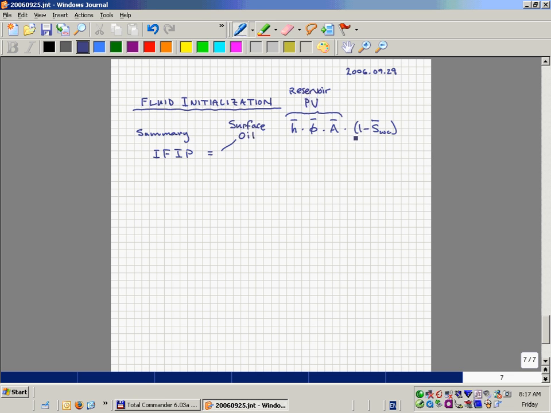And the entire term, including the 1 minus water saturation, this is representing the average oil saturation, if we're talking about getting the initial oil in place.